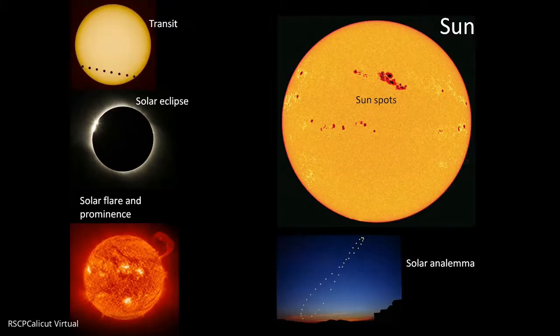These two coincide together to give a geometry such that sometimes, in favorable positions, the moon exactly covers the disk of the sun. So we see a total solar eclipse. A wonderful sight. If you ever have a chance to see that, you should never miss it. So that is one more thing which we can see, a solar eclipse.